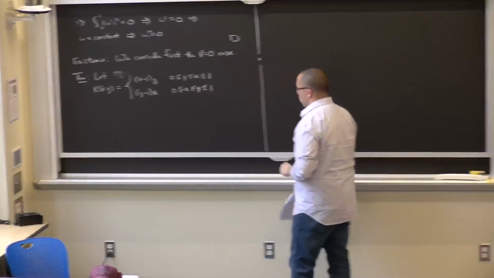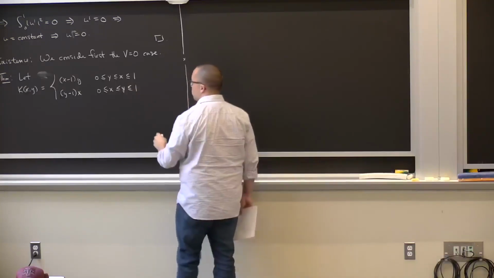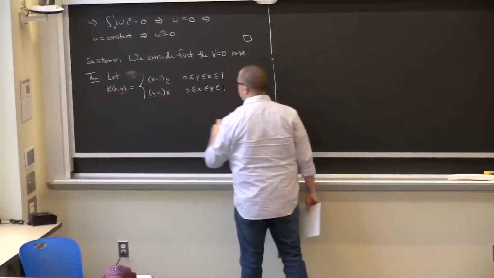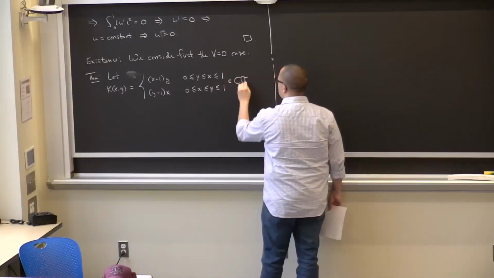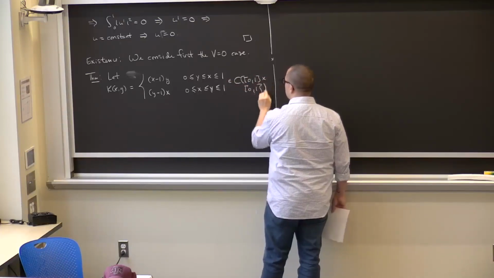Okay? So it's piecewise defined across the diagonal, and it's continuous across the diagonal: when y equals x, I get the same thing. So this thing is, you can check, a continuous function on [0,1] cross [0,1].